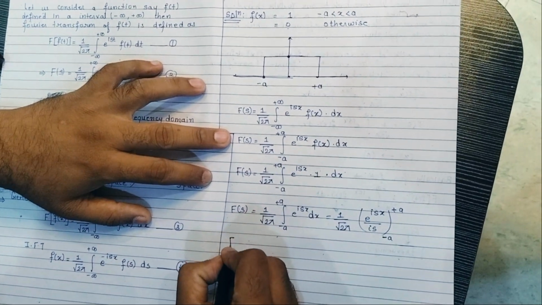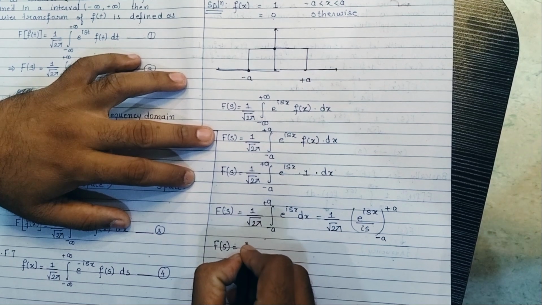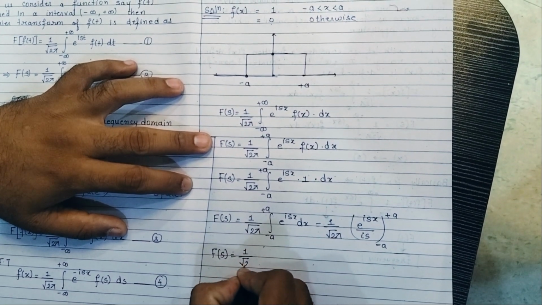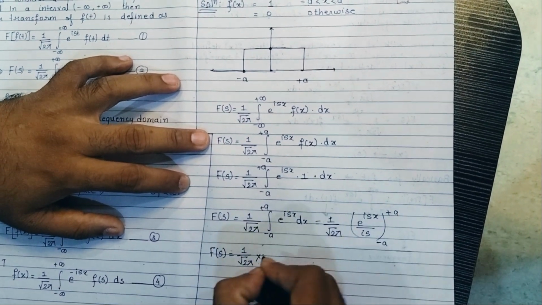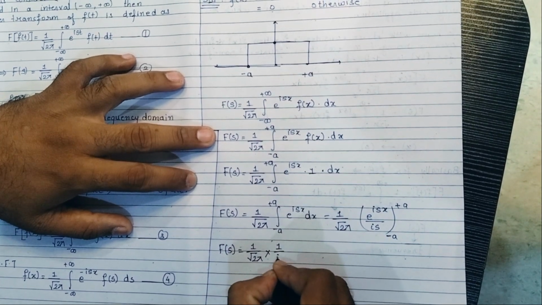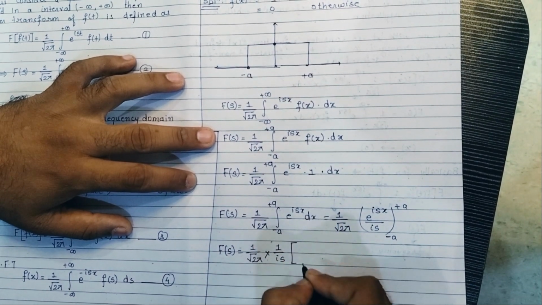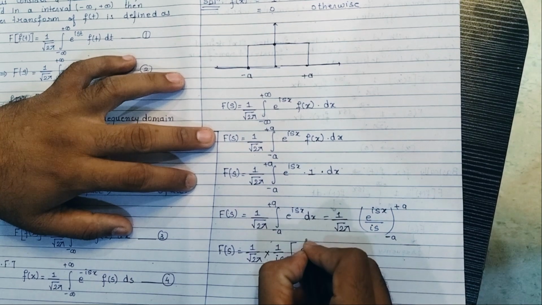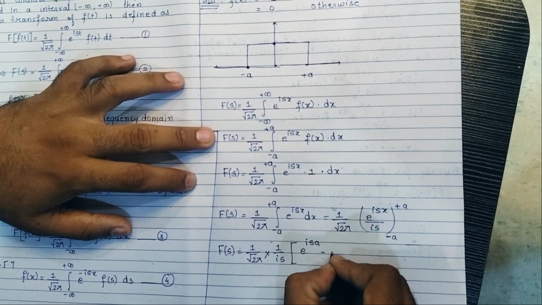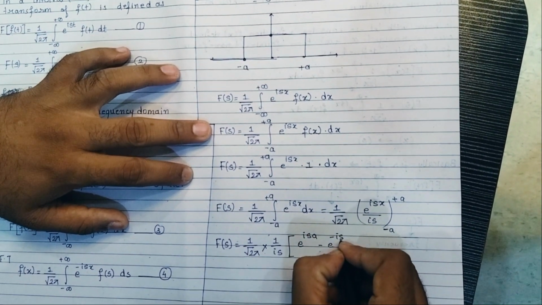So this function F of s will be equal to 1 upon under root of 2 pi into 1 upon is. If I put the limits, this will look like e to the power isa minus e to the power minus isa.